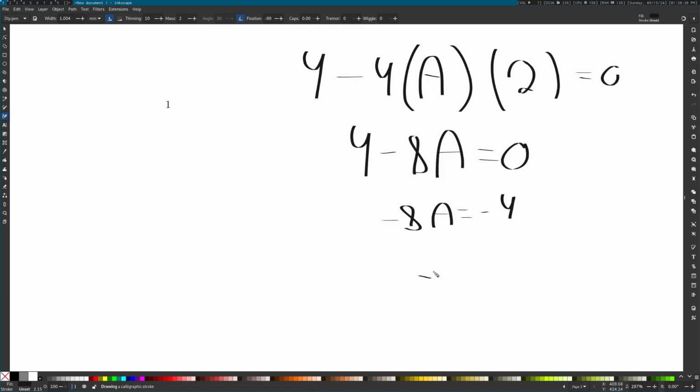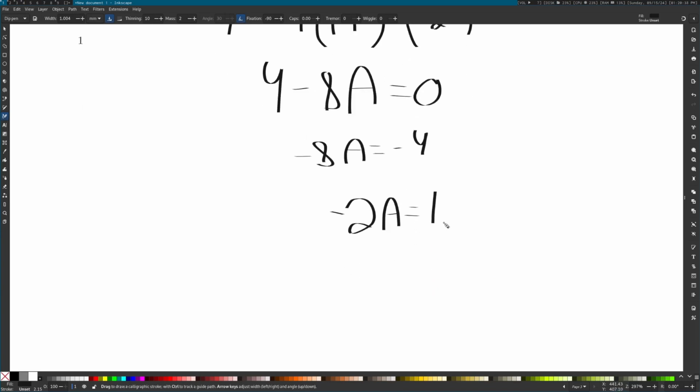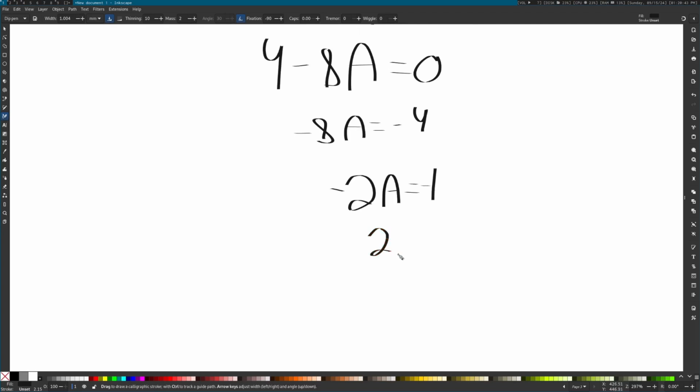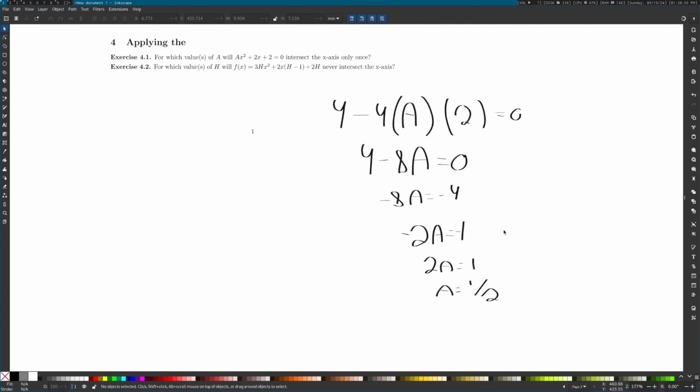So that means that negative 2a is equal to 1 if you divide both sides by 4. Okay, so a is equal to 1/2. You could have skipped these steps, but I wanted to do every single one. Okay, so that's the answer to that one. It's 1/2.